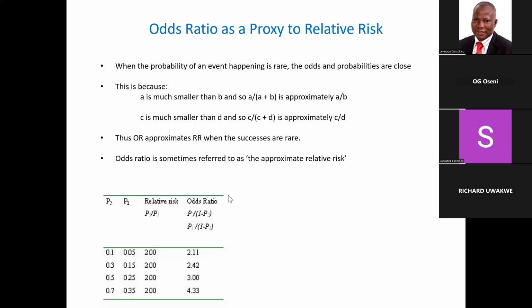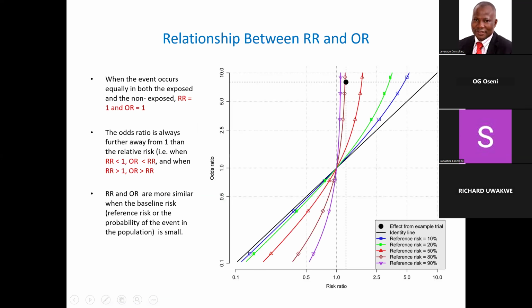Now, this one further strengthens the relationship between them. This explanation. Now, there's something. When events occur equally in both the exposed and the non-exposed, relative risk is equal to 1, odds ratio is equal to 1. You know that.